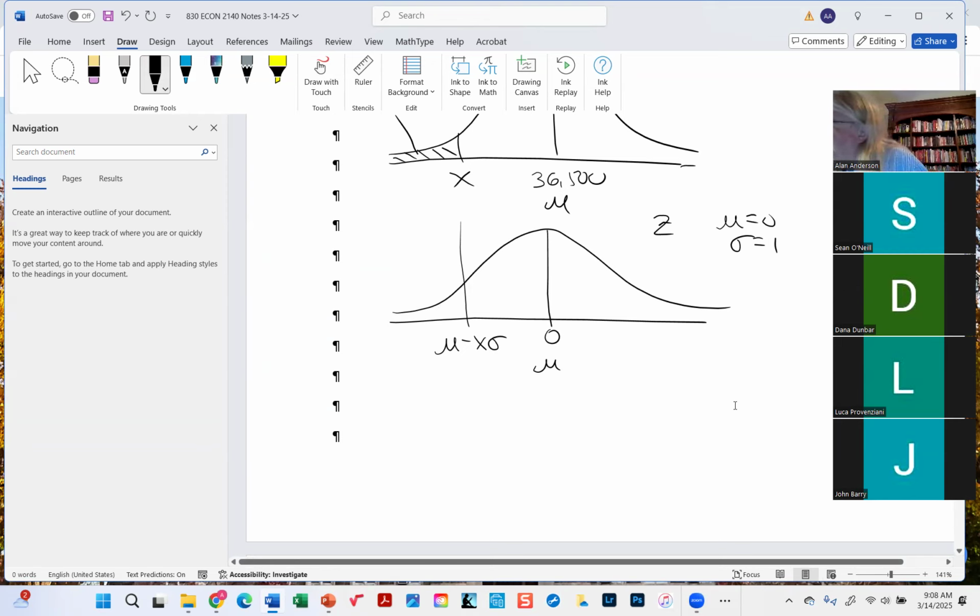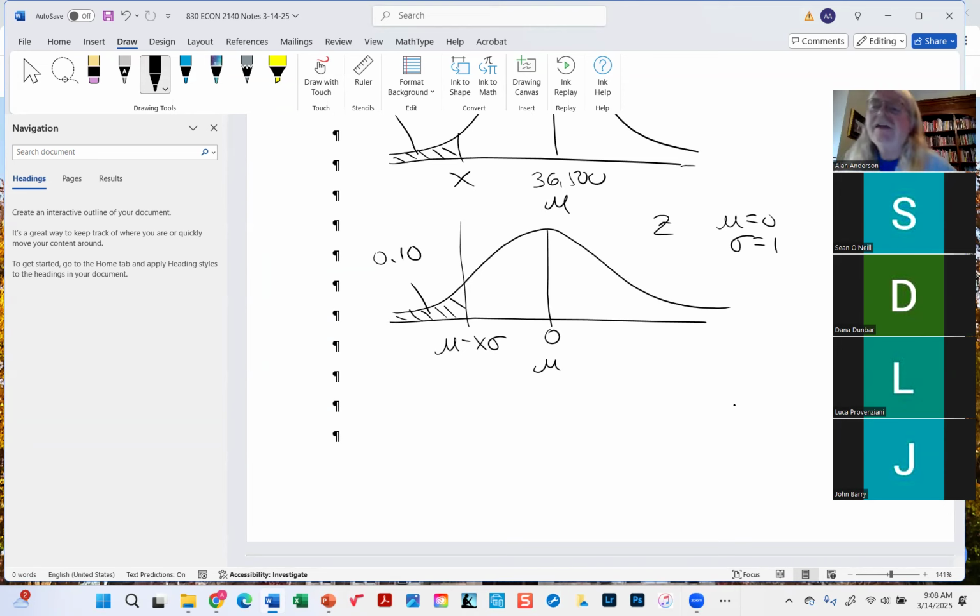Now it's the other way around. We're being given a probability and we're being asked for a location, meaning a number of standard deviations away from the mean. So we're doing the inverse of what we were doing earlier. And so the name of this command will make sense to you when you see it.